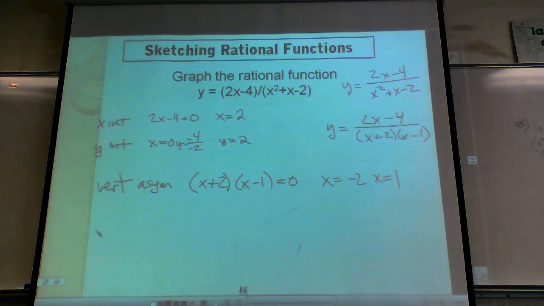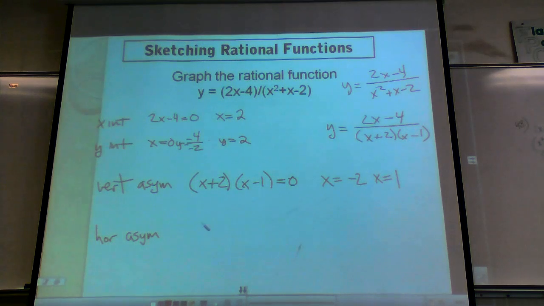The other thing would be the horizontal asymptote, which I can already tell is going to be the x-axis, because that's where y equals 0. The reason is the highest power here is x squared, correct?